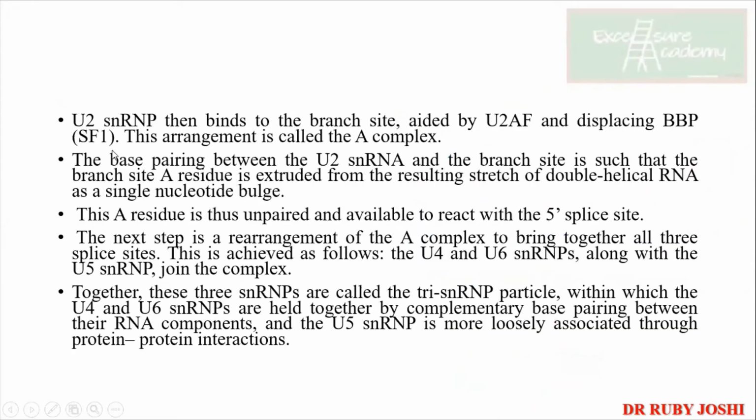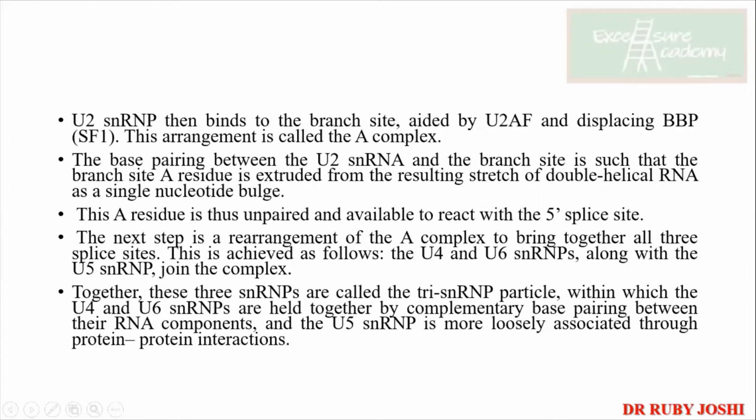Now U2 came, we displaced BBP and put U2 in. Now the base pairing between U2 and the branch site is such that the branch site A is extruded from the resulting stretch of double helical RNA as a single nucleotide bulge. So that is the bulge we saw. This A residue is then unpaired, and this is how it is now available for the 5' splice site. So it is ready now. It is readily available for the attack.